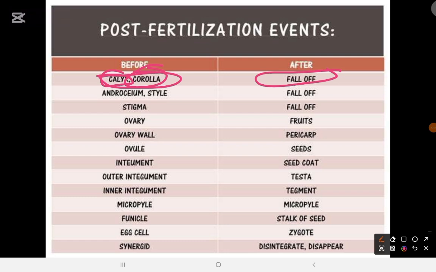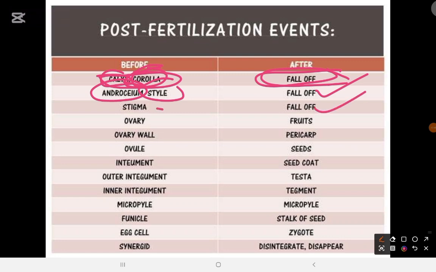I'm going to link it in the description, because I talked about when the corolla is fused, we talk about gamopetalous, and when the calyx is fused, gamosepalous. The androecium and style are present before fertilization, and they fall off after fertilization.